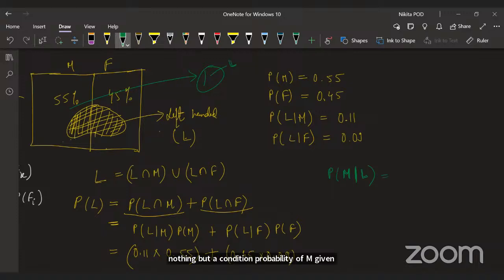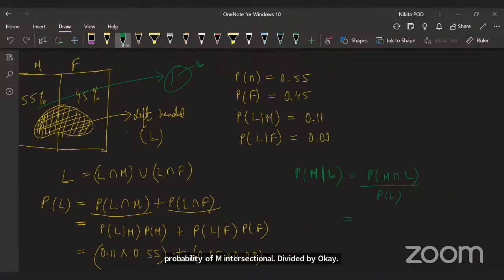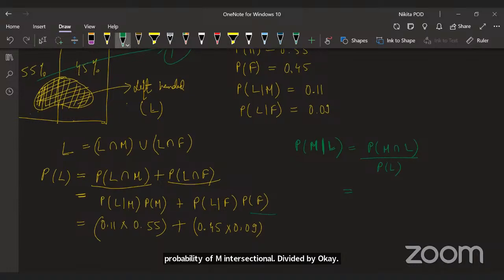This is going to be probability of M intersection L divided by probability of L, right? And probability of L we already found out, so it goes in the denominator.